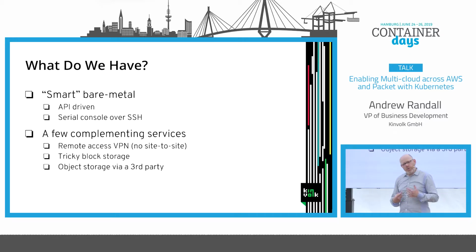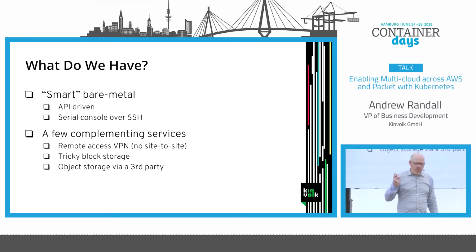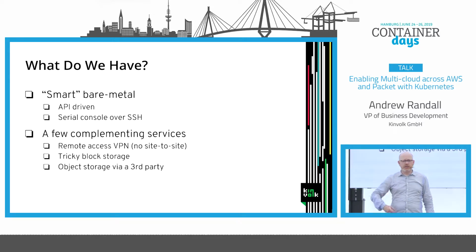So what were we starting with? What we had to work with here was essentially the bare metal network compute with API control. So you can say, give me a new machine, and it'll spin up a new machine, PXE boot it, or however they do it behind the scenes, and then give you serial console access via SSH.